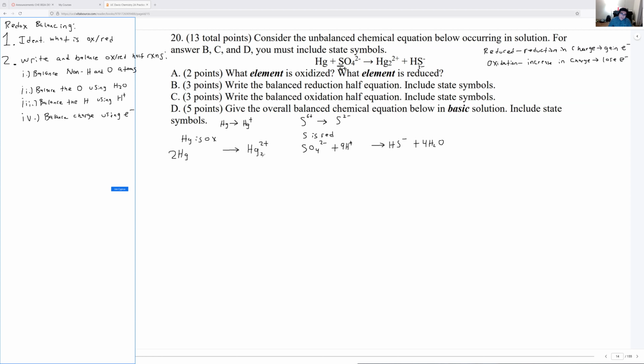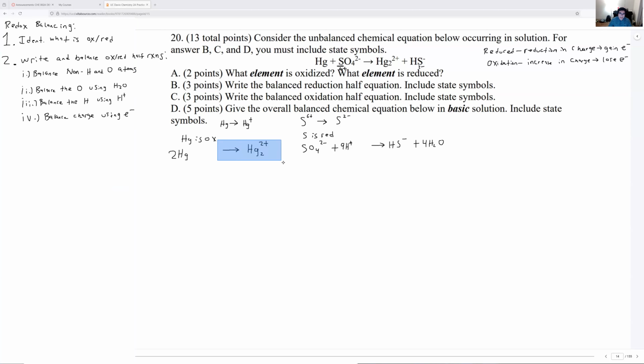So for mercury, if I want to balance the charge, you can see we have a 2 plus here, and it's neutral over here. So how do we balance the charge? Well, an electron has a charge of -1.